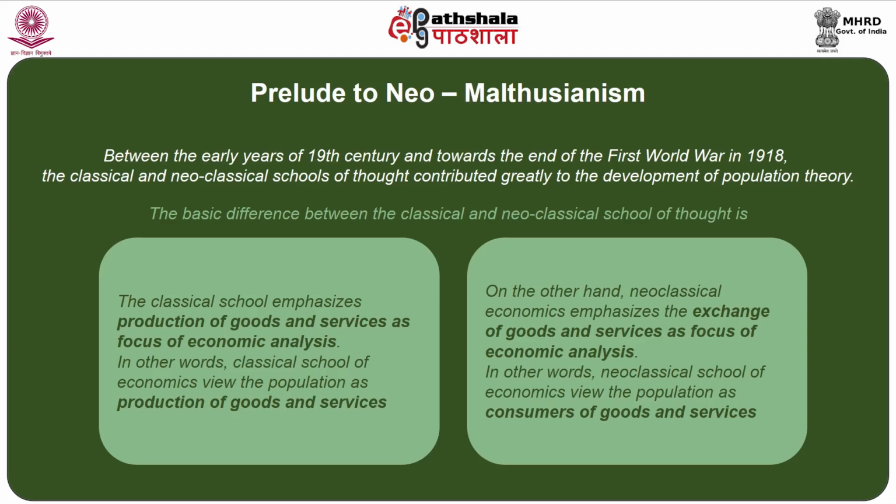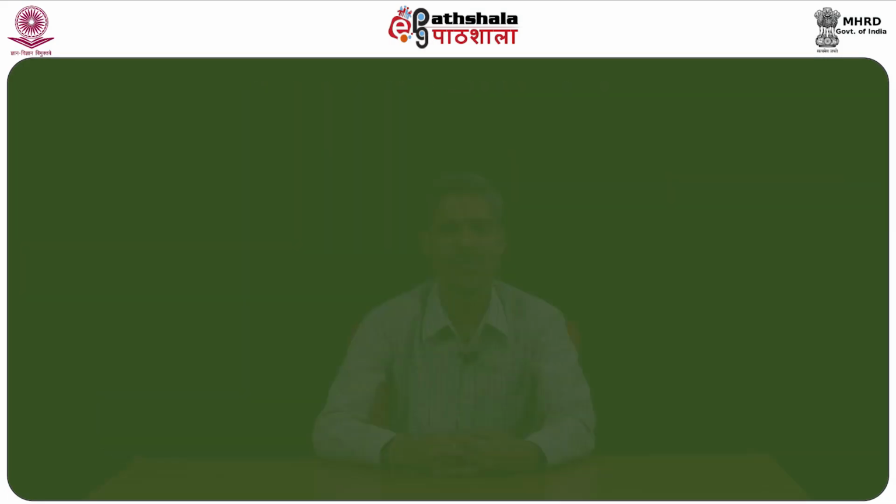The classical school of economics considered the population as a means to produce goods and services. That is why if you have more population, there will be more production of goods and services. That was the concept of the classical school of economics.